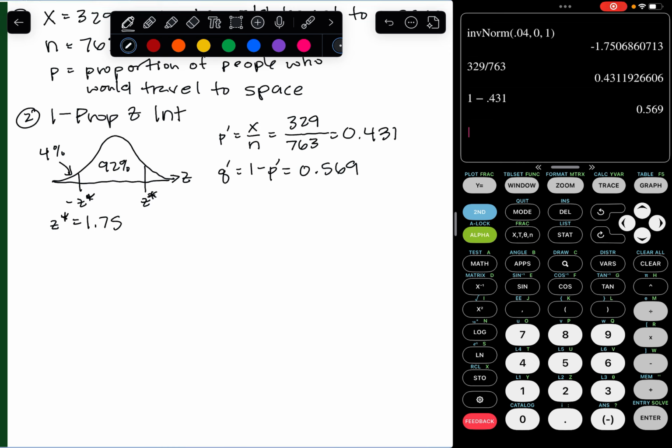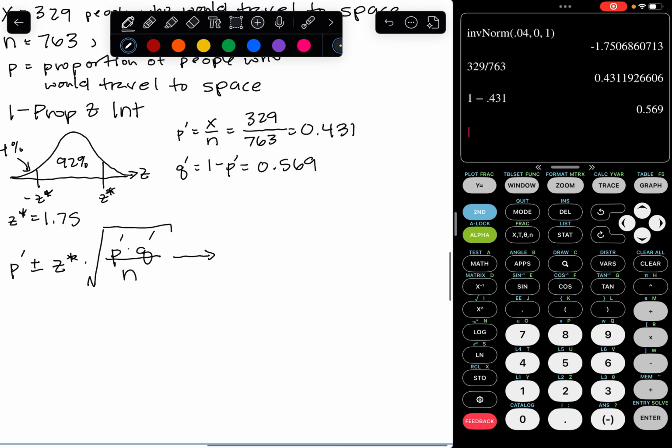From here, we move to step 3, which is our do step. We know that we want p prime plus or minus critical value times the standard error, which for proportions is p prime times q prime over n all square root. And we're going to fill those values in.